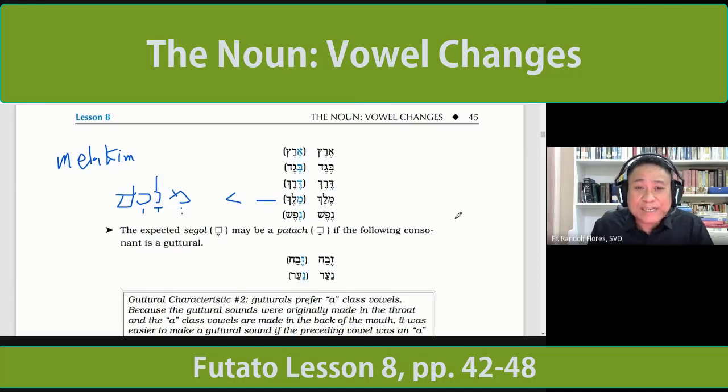It will not be malakim or melekim like devarim. So it will be melakim. It sounds like devarim. The second segol becomes kamets. Melakim.